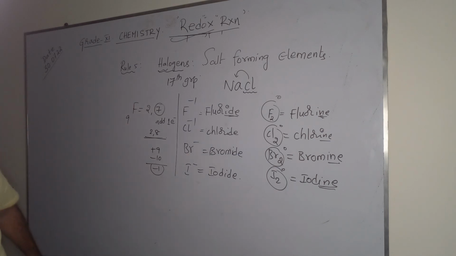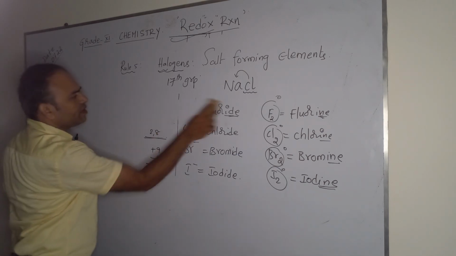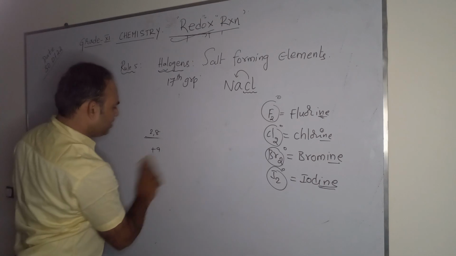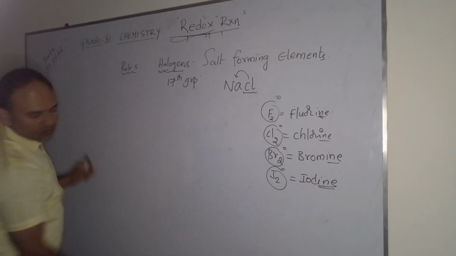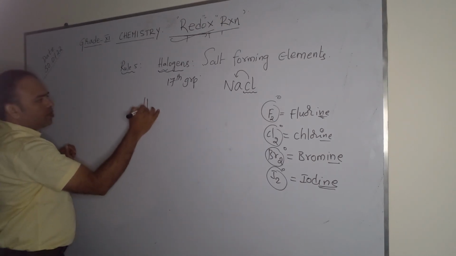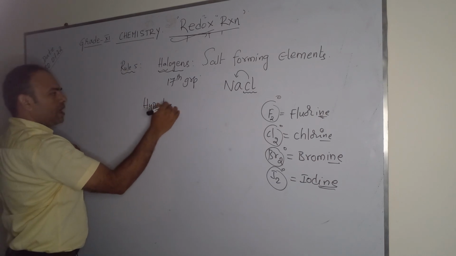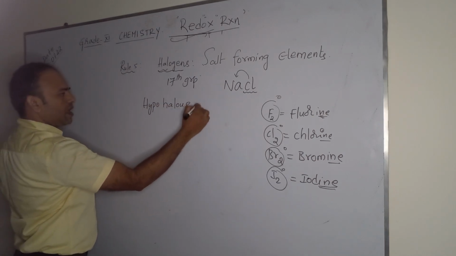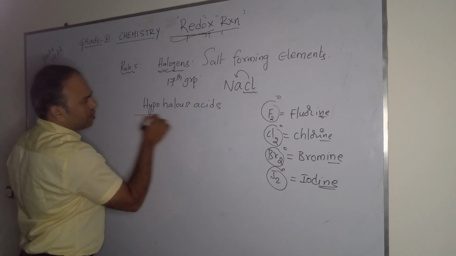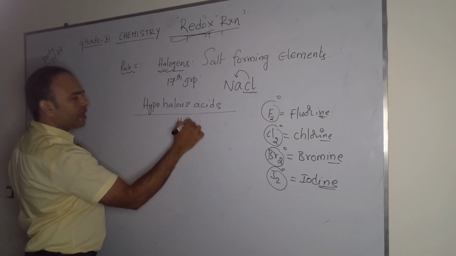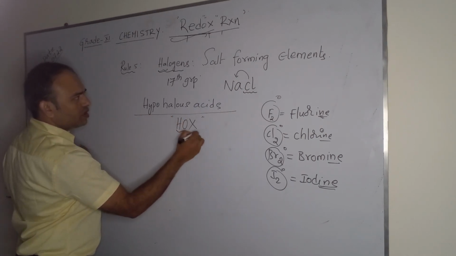Now one more oxidation state is there where you have halogens in a positive oxidation state. So what are those? Hypohalous acids, represented as HOX. Very important thing.